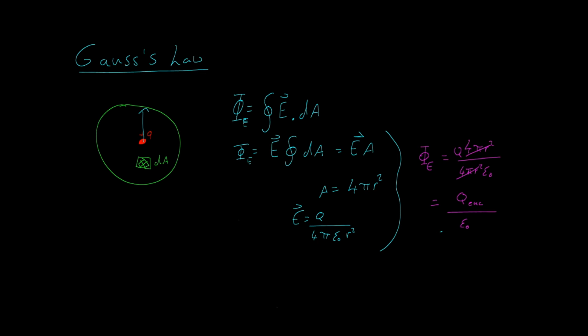And then from this, we can work out some quite nice things, because if I rewrite this, the integral of E dot dA is equal to Q enclosed over epsilon naught, and we can use this to do some quite nice things, including finding the electric field if we know the charge and the area.